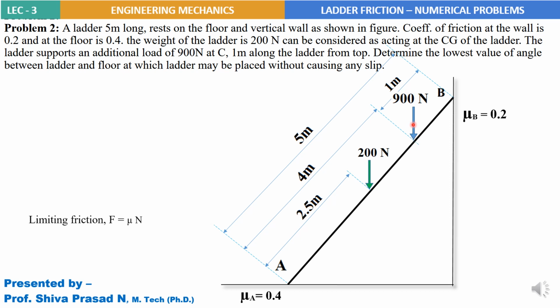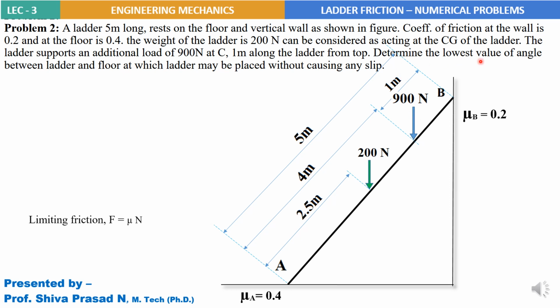So 900 Newton force, additional load, acts at 1 meter along the ladder from the top. Okay, from point B, 1 meter distance, 900 Newton external load is acting.